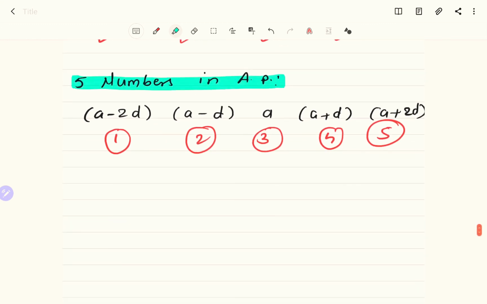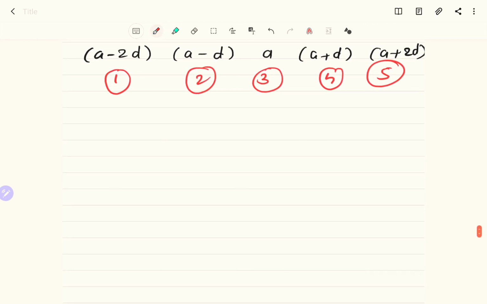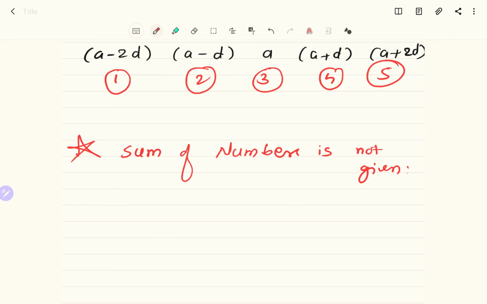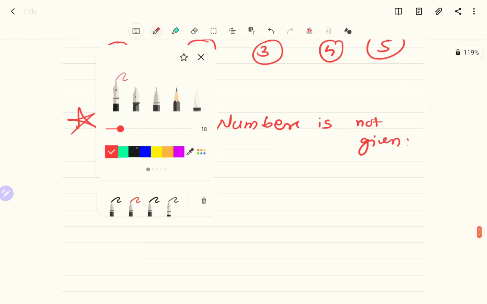Okay, so what if the sum is not given? This is the real question. What if the sum of the numbers is not given? Then you are free to select three numbers in AP in an ordinary way.